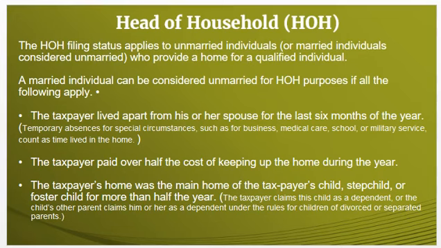However, there are circumstances when a taxpayer, even though they are married, is considered unmarried. What are those circumstances? If the taxpayer lived apart from his or her spouse for the last 6 months of the year, they would be eligible to file under the head of household filing status.